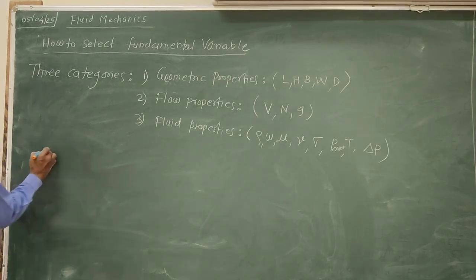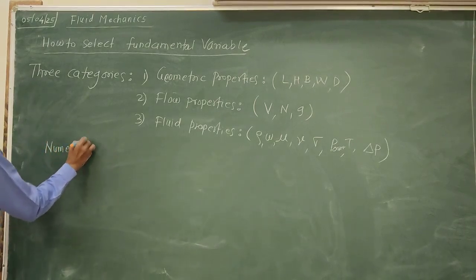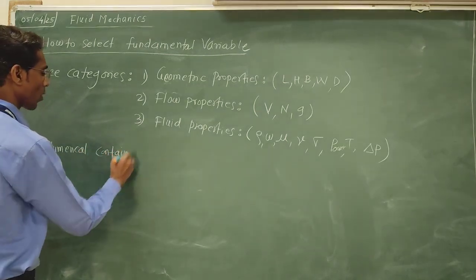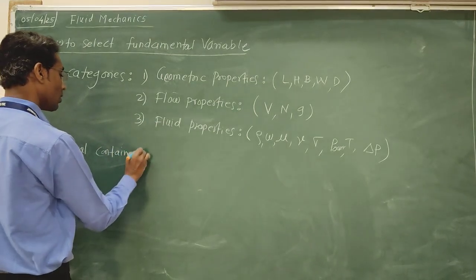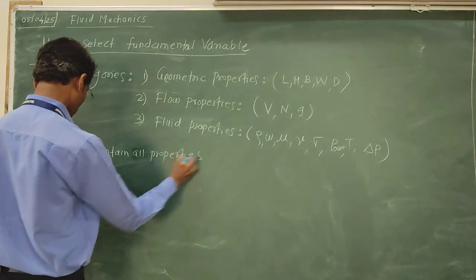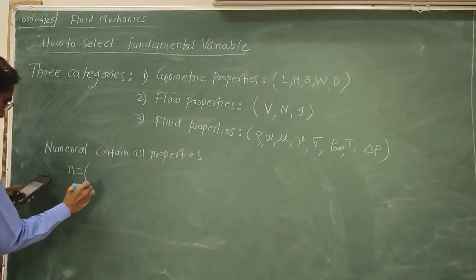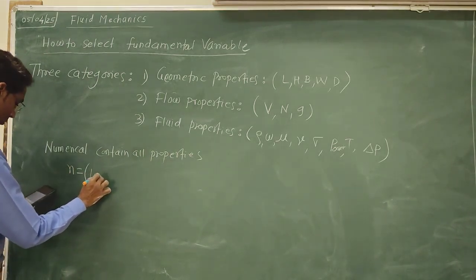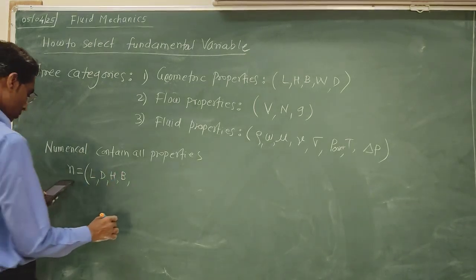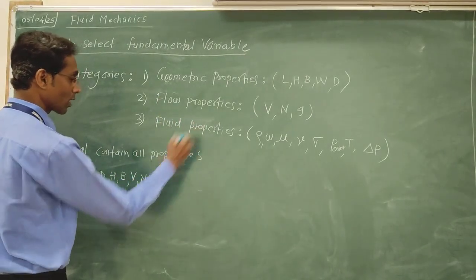So what numerical will we have, a problem. Suppose the numerical contains a set of all these properties. n is equal to, we will write here all the properties. What are all the properties? Length, diameter, height, weight. Then v, velocity, speed, acceleration due to gravity.